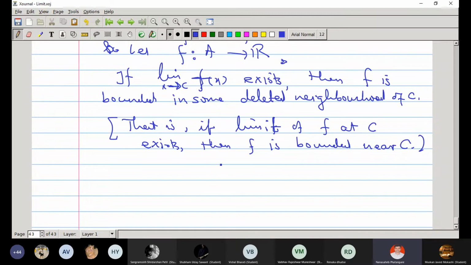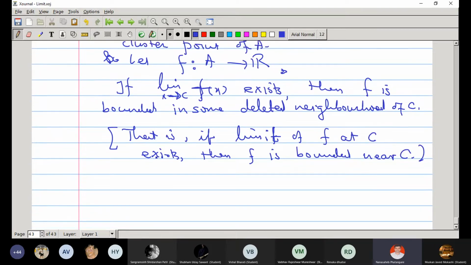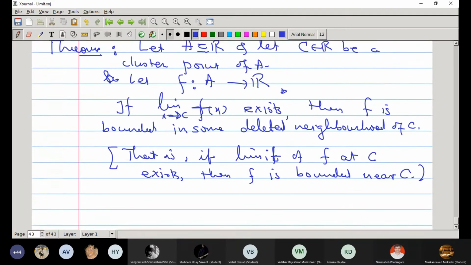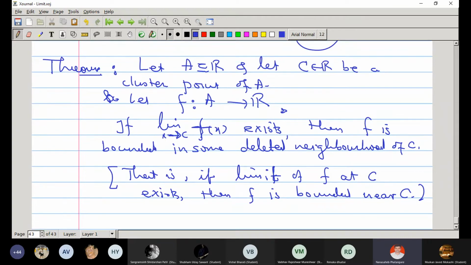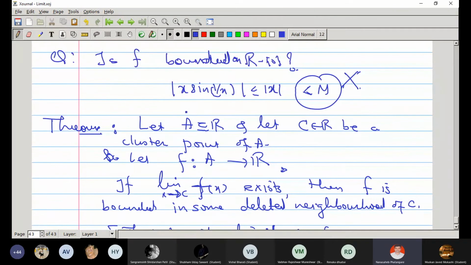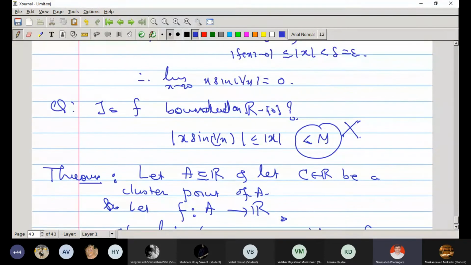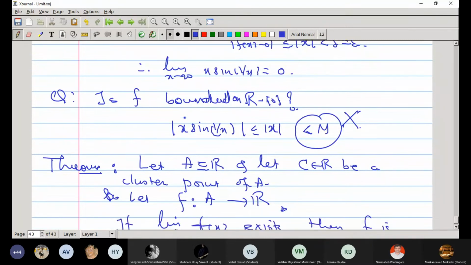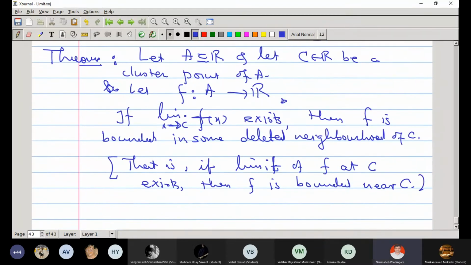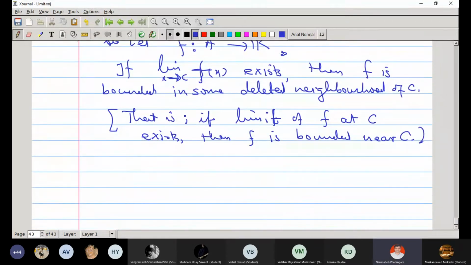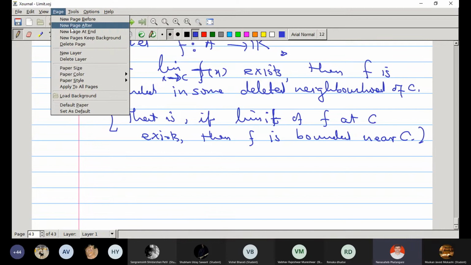That means there is some number M, right? If you assume that this theorem is true, then what can you say about this function? Is it bounded? Yes. Okay, we'll see that later on, but let us see first of all the proof of this theorem.